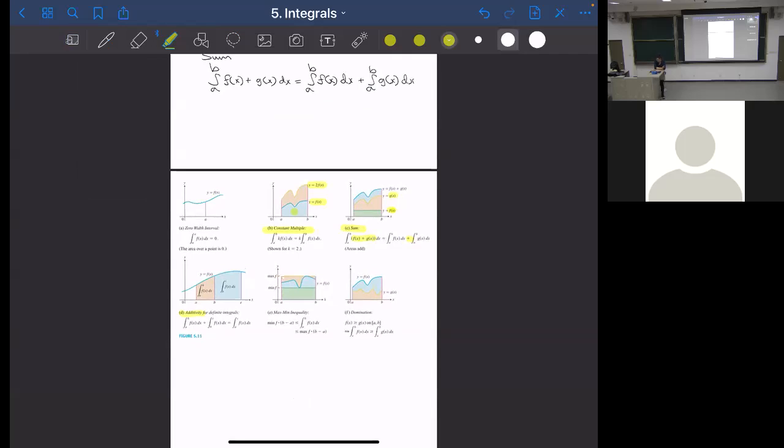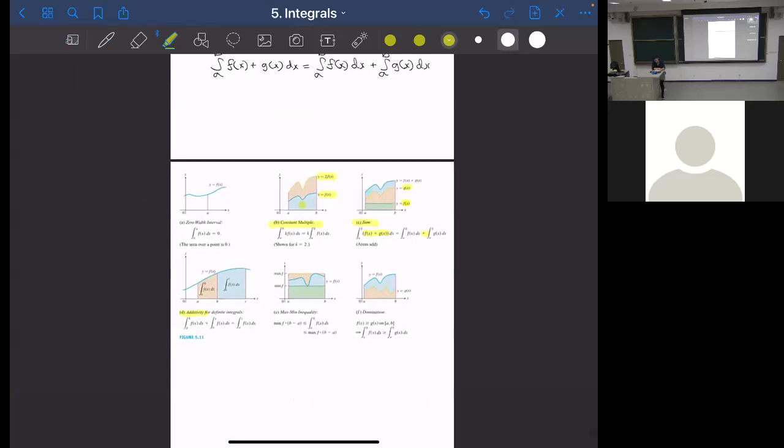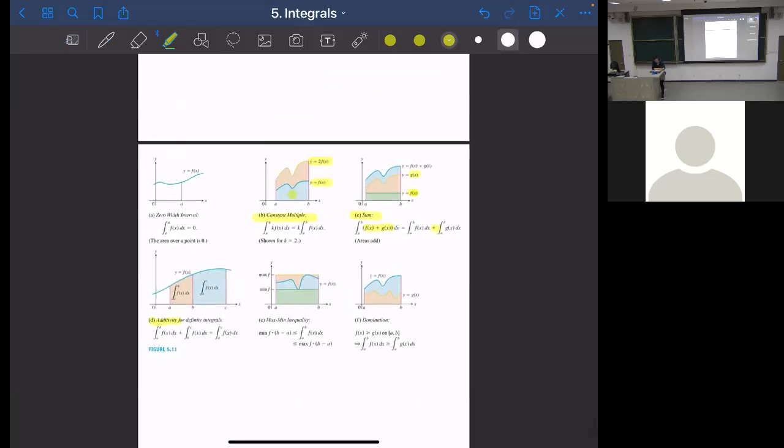So areas add when they're together left and right. So here I have an interval a to b and then an interval b to c. If I have two integrals on these intervals, then adding them together gives the integral on the big interval.